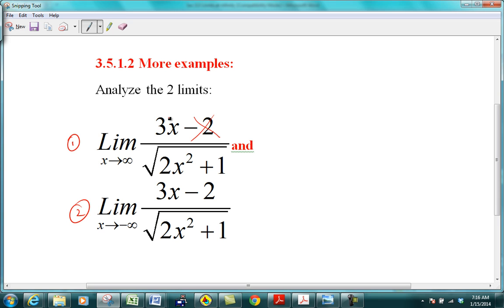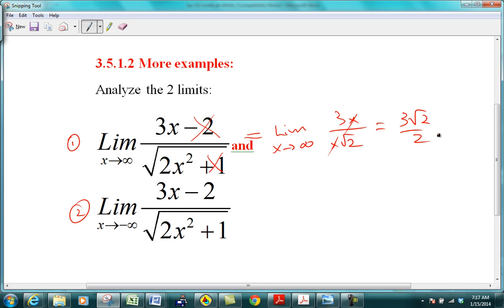You can do a similar analysis at the bottom: the plus 1 doesn't contribute anything to 2x squared when x is becoming large. So this limit is equal to the limit as x goes to infinity of 3x over x root 2, which cancels the x's, and the answer is 3 root 2 over 2.